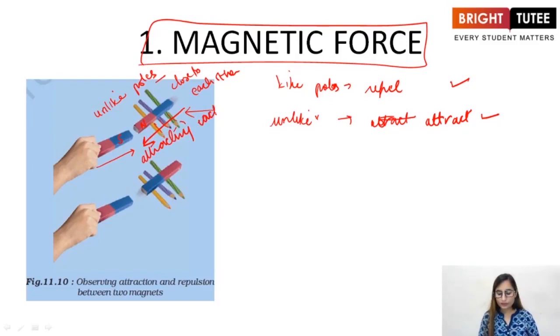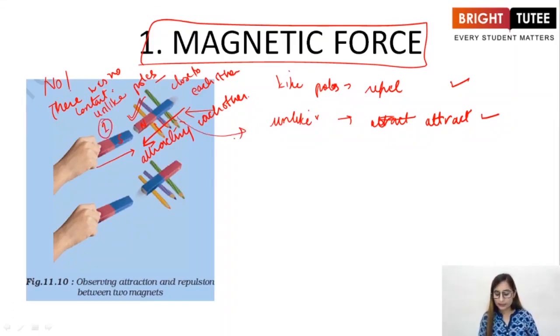So due to this attraction, this magnet came into motion, right? But was there any physical contact between them? No. There was no contact, right? You did not touch the magnets with each other. You just brought unlike poles close to each other. So that is how the magnet which was put on pencils started moving towards the first magnet, right?